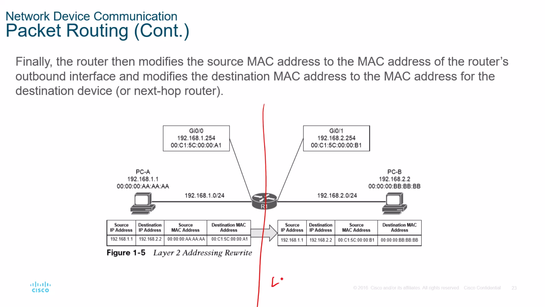The boundary is a layer 3 boundary. That's why the layer 3 devices remove it, because layer 3 doesn't care what the MAC address is. Layer 3 deals with the IP addresses. So again, going back to that OSI model, there's a reason we look specifically at the OSI model's layers 2 and 3.